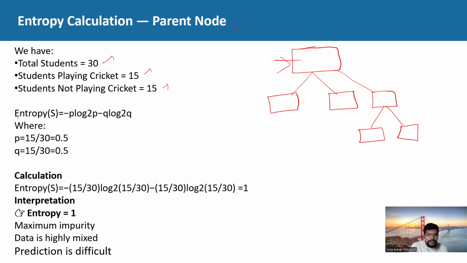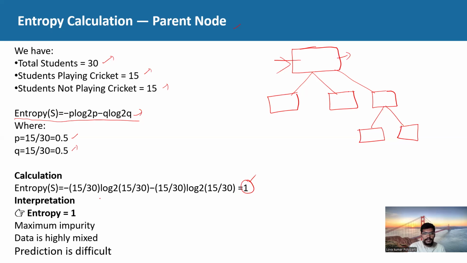If I apply the entropy formula here, the same formula I explained earlier, I get 0.5 for the play class and 0.5 for the not play class, and the complete entropy for this whole node I get is 1.